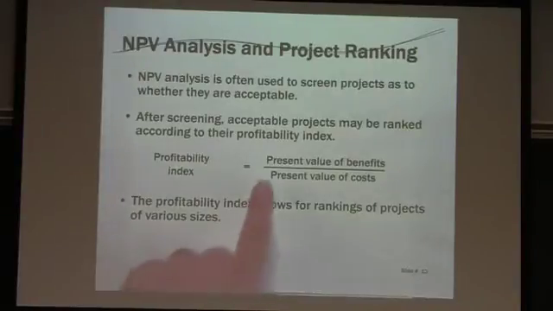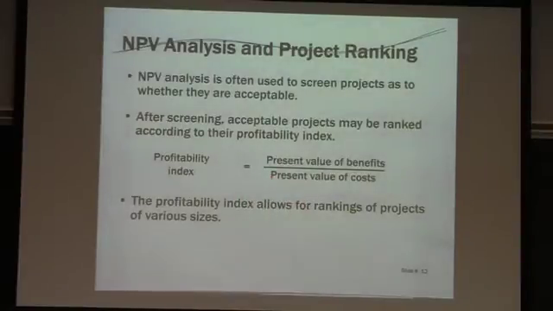And we're going to take a look at it by dividing the present value of the benefits by the present value of the cost. And again, this allows us to rank the projects based on different sizes, because you could see that if you have a project A that's a $100,000 investment versus project B that's $1 million versus project C that's $10 million, the NPV gives us a value, a number, and it's hard to compare which investment is better because obviously the size of the investment is going to matter.